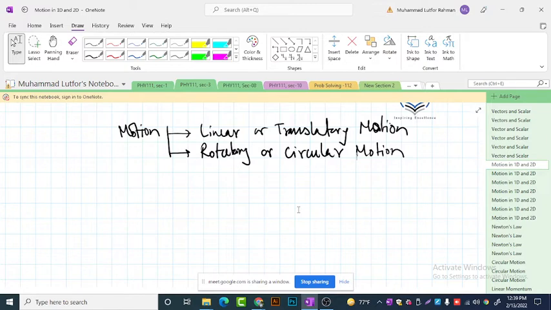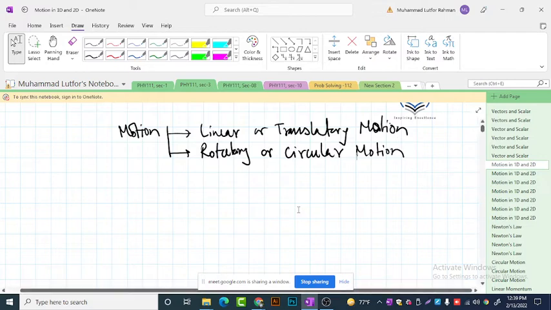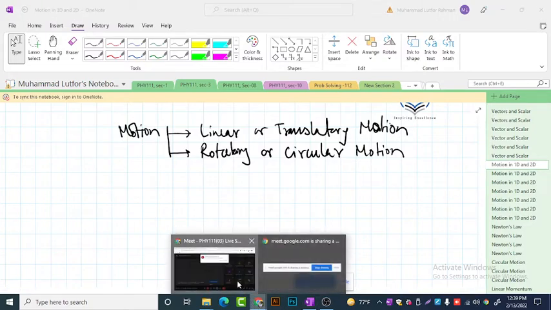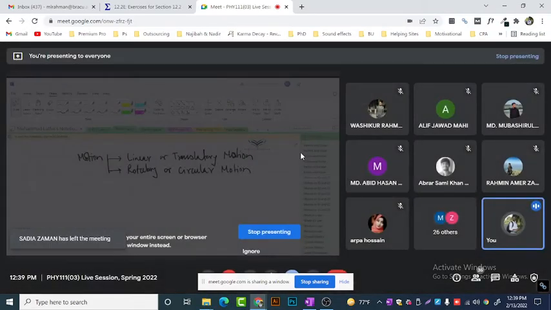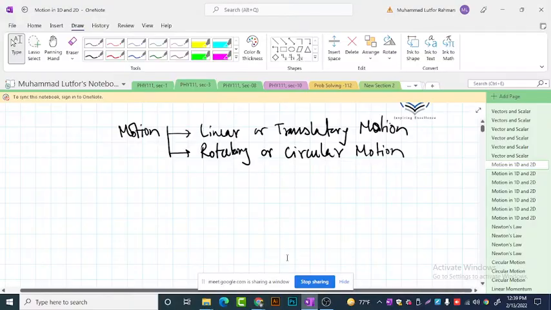Dynamics describes why it is changing its velocity, position or acceleration. For that we have to introduce the idea of force. Since we have not introduced force yet, we are only interested in the kinematics of the particle.